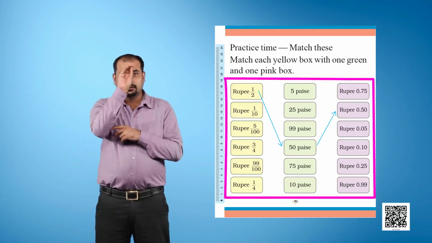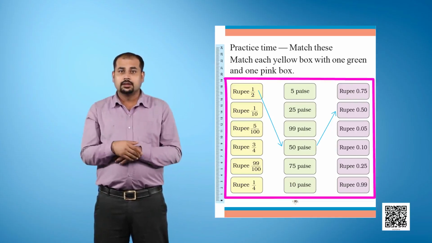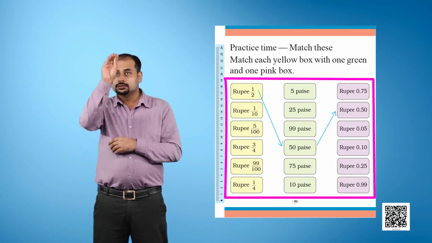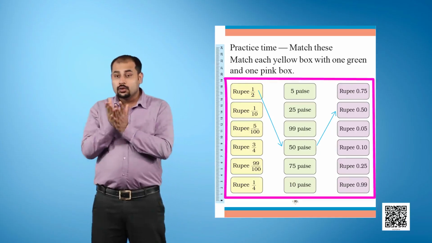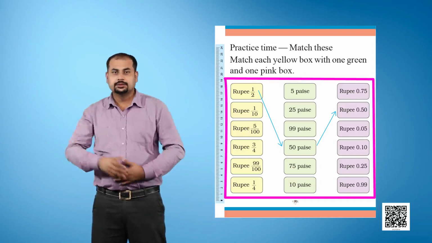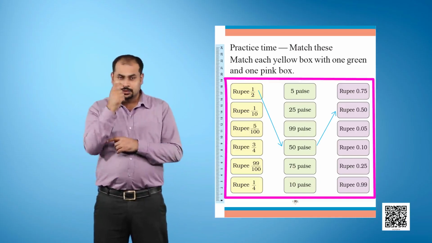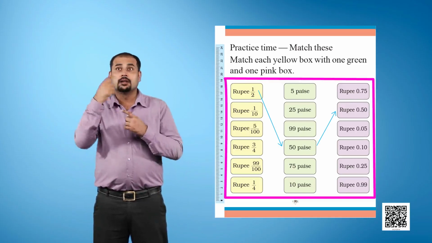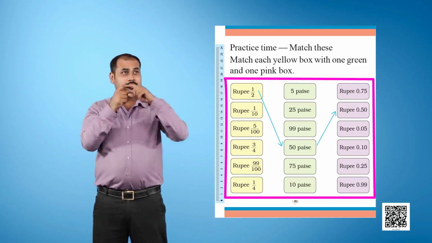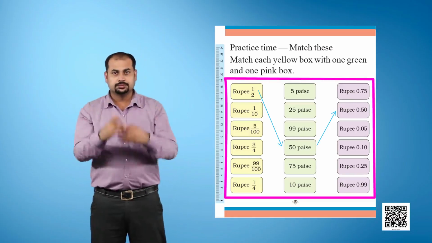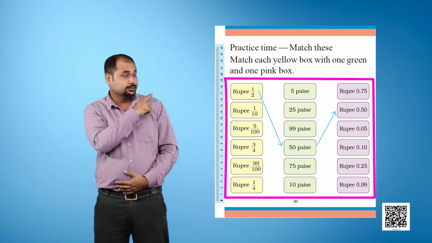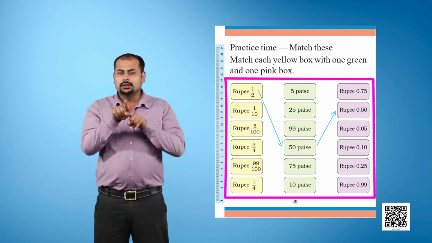Different amounts of money is written on all the different boxes. You have to think and match. One example has been already done for you.